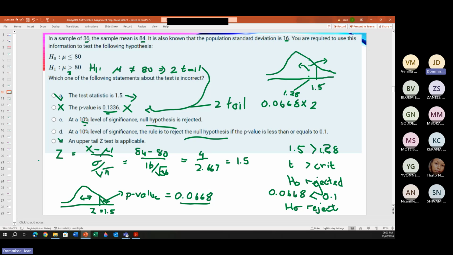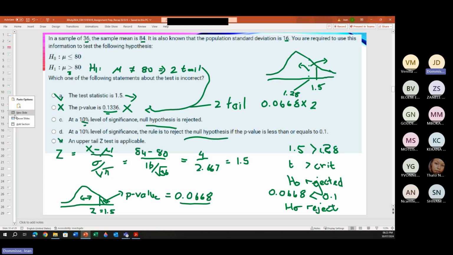So as your Z value increases, your p-value will decrease. And that is just because as we move that Z to the right-hand side, your p-value will become smaller.